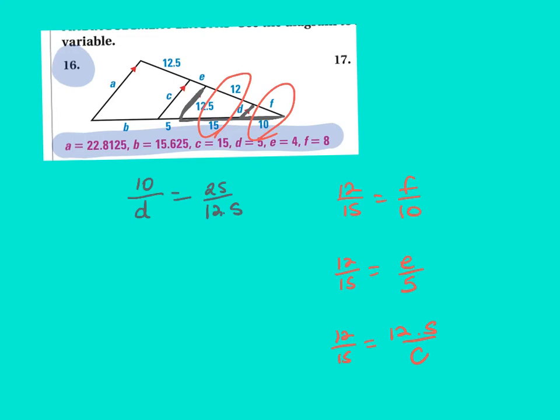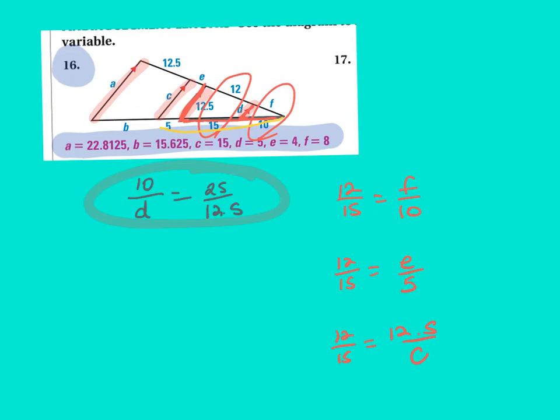But the ones that are running this way, which are kind of like the bottom side of the triangles, you have to do this way. Let's say I use the bottom side. The bottom side of the small triangle to the left side of that small triangle would equal the bottom side of the bigger triangle, which is this whole thing, to the bottom side here. And then I have to follow that pattern.